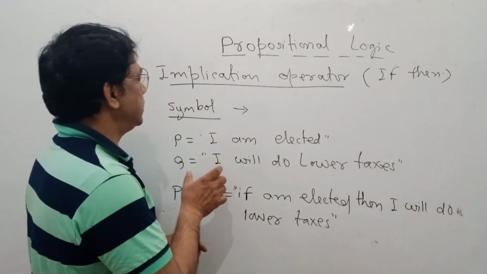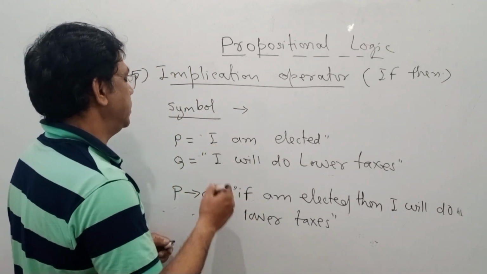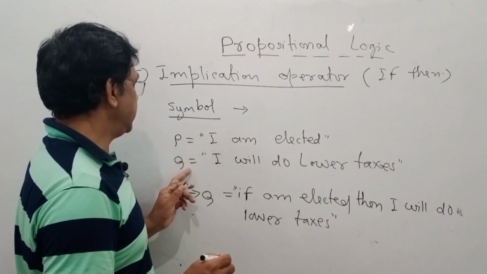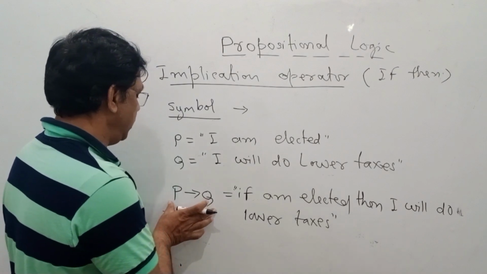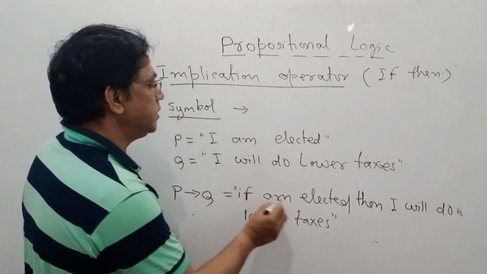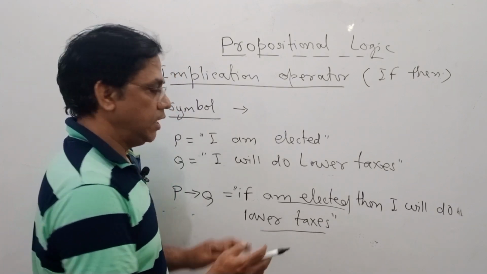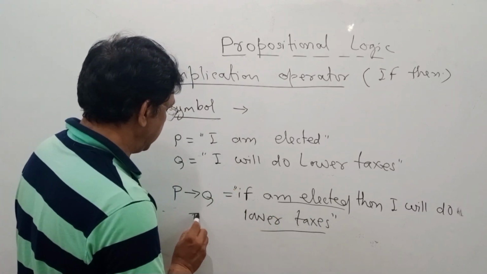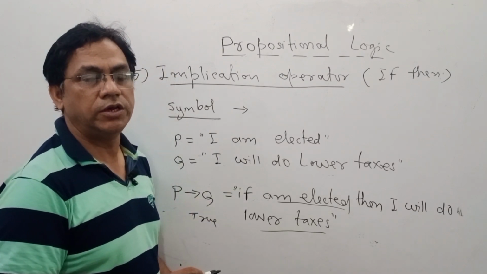So I have taken an example here. Suppose the P variable carries the meaning I am elected, and the second statement carries the meaning I will lower taxes. Whenever we put the implication operator here, if the condition is true, then this statement will be executed, and in that case this implication statement will carry the true value.